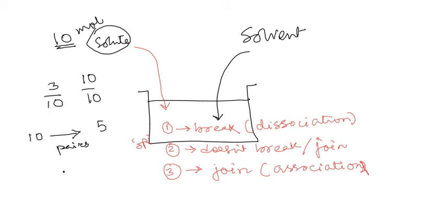So another thing is, there may be partial association or there may be complete association. Partial association means, let's say we had 10 molecules, out of that 4 of them have paired up, so we now have 2 pairs. But the rest of the 6 molecules didn't pair up.